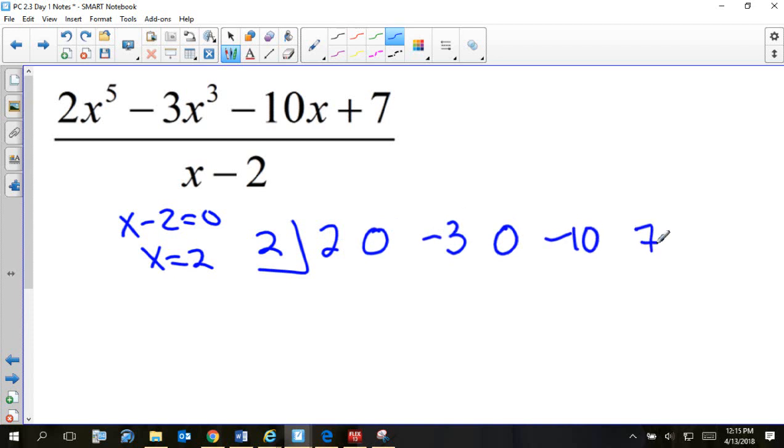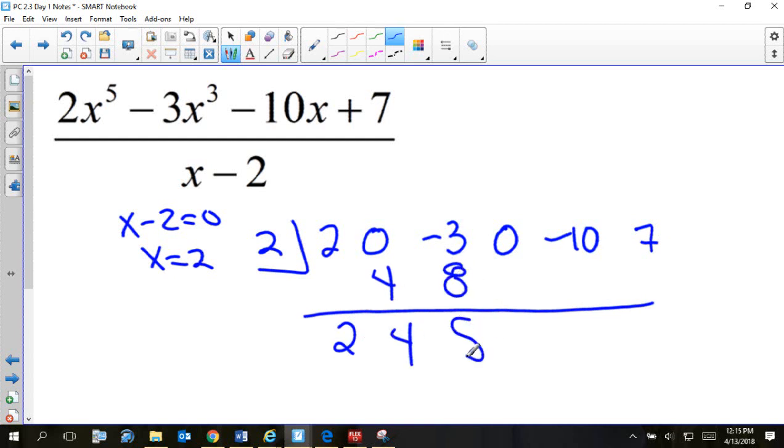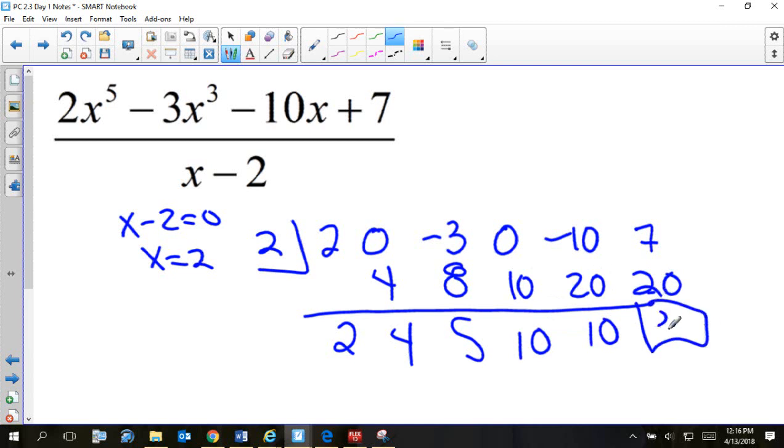And then a 7. Drop down the 2, multiply, add, multiply, add, multiply, add, multiply, add, multiply, add.